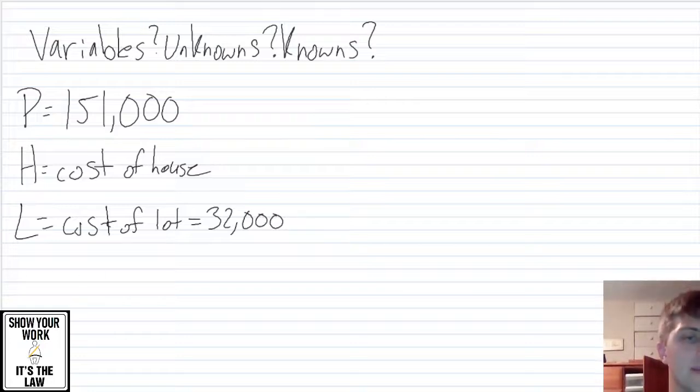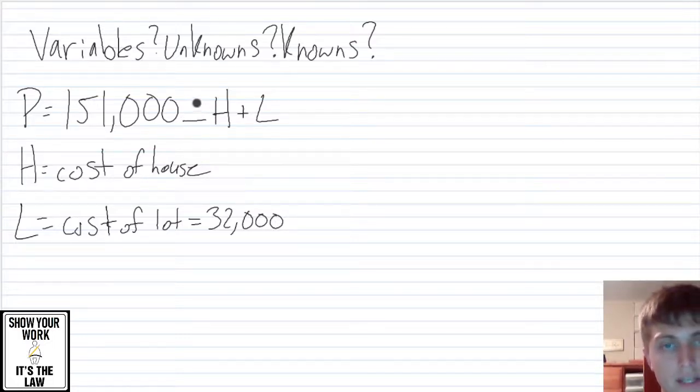So we know that this $151,000 is the same as the cost of the house plus the cost of the lot. And actually, that's incorrect because it doesn't say equal to, it says at most. So if something is at most $151,000, it's either going to be equal to $151,000 or it's going to be less than $151,000.